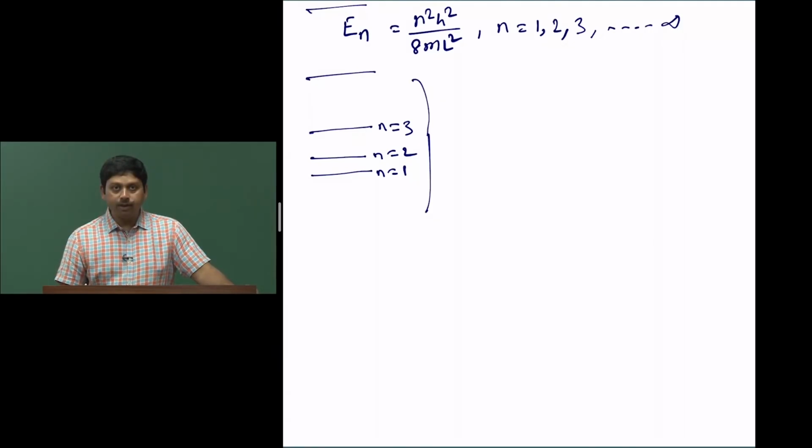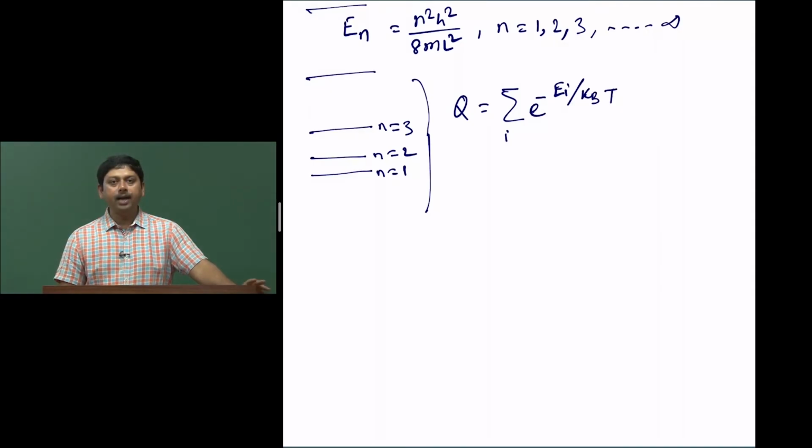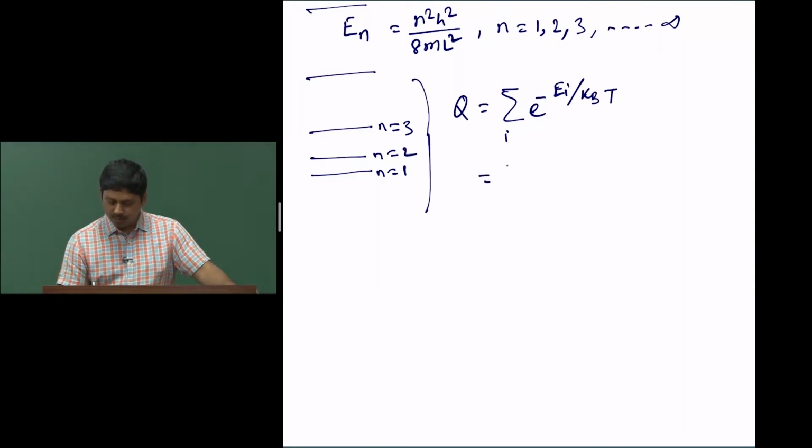Now, the partition function of the system Q is given by, as you know, the sum over i of e to the power minus E i by k B T. Here i denotes the energy level. Since we are denoting energy levels by n, we can write that as the sum of e to the power minus E n by k B T, where n goes from 1 to infinity.